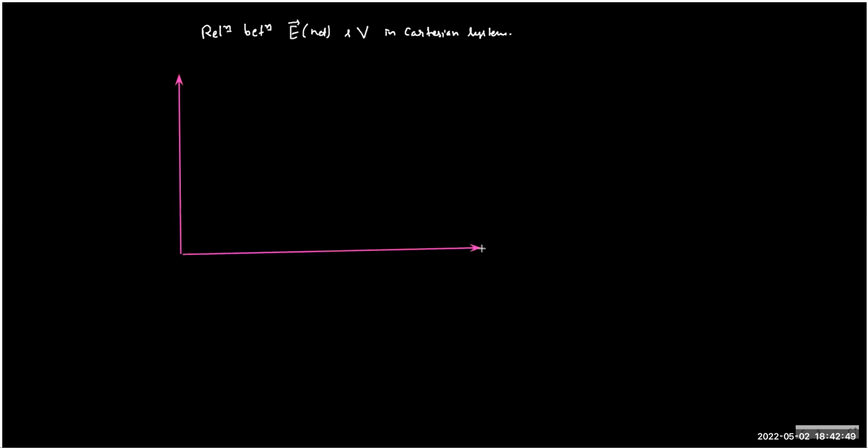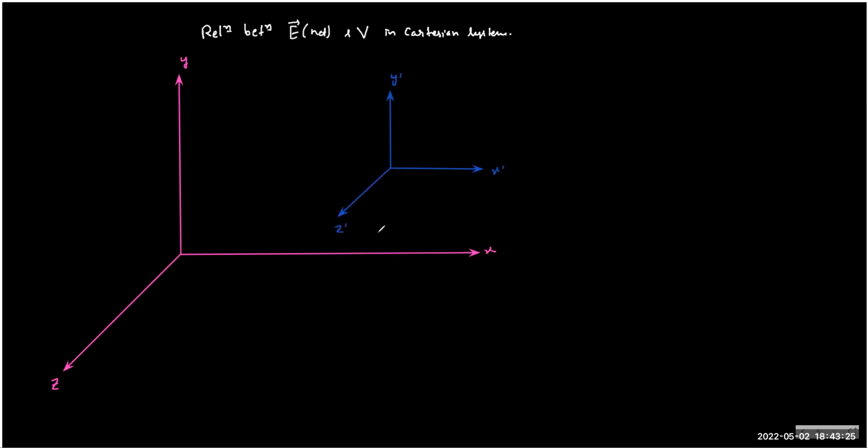So let's say this is the XYZ coordinate system, and I choose a random point P where I again redraw a set of parallel axes, and I call them X dash, Y dash, and Z dash.